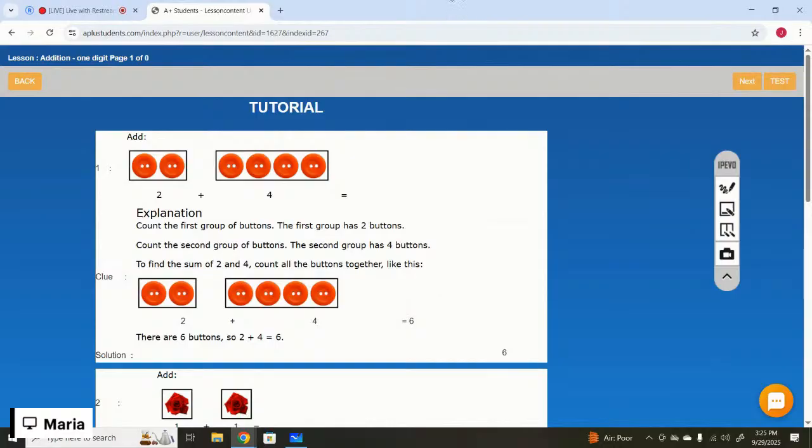Add 2 plus 4. So we have two buttons in the first group and four buttons in the second group. So let's count them together. They are 1, 2, 3, 4, 5, 6.